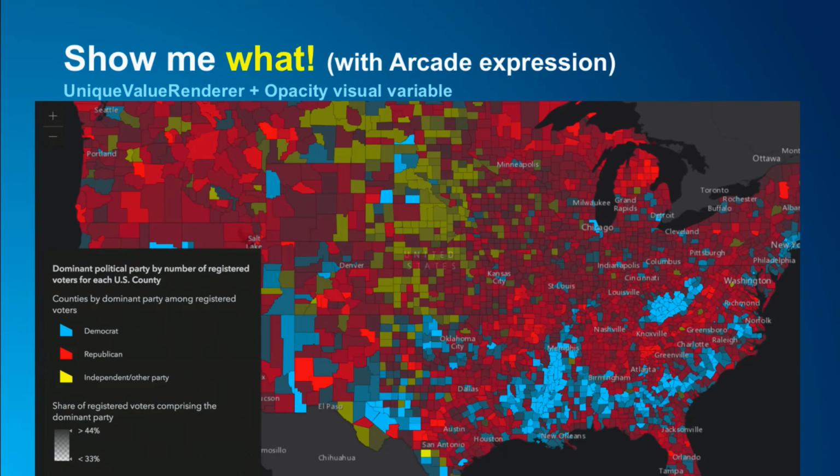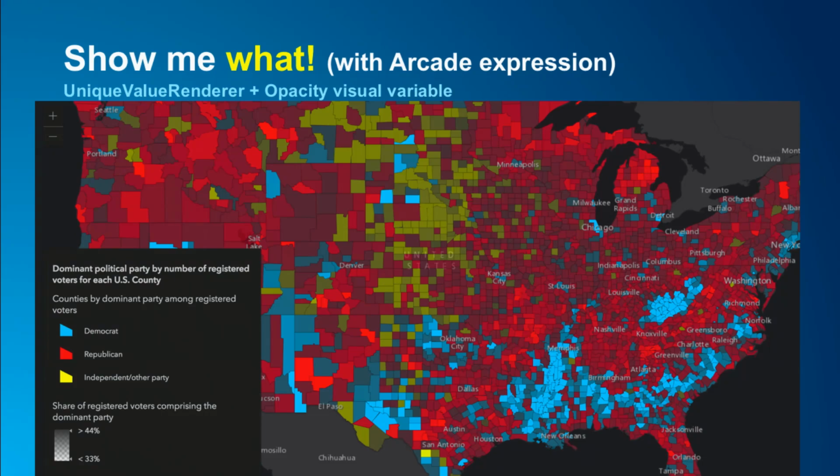It's interesting to show which party wins, so to speak, when it comes to registered voters, but you might also want to know how much they win by. If this were election results, they might win in a certain area, but did they win by a large margin, or was it a very contested or close race? That's where I'm using opacity. If it's a very opaque feature, that means that party dominates.